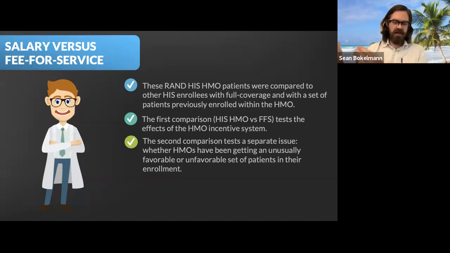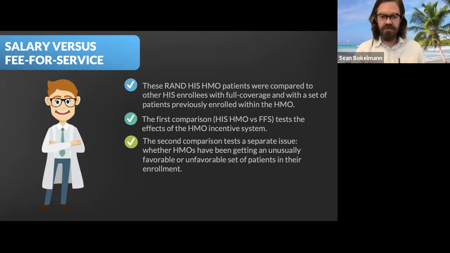Because the HMO that they're comparing it to was basically not a randomized control trial. It was just people that self-selected the HMO. And as we've seen before, when there's self-selection going on, it's possible that sick people try to pretend to be healthy people and get that good insurance at a low rate, right? So that's the issue here: are the cost savings that we're seeing because of self-selection rather than these incentive systems?